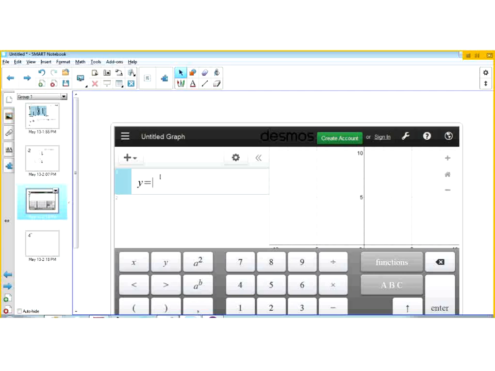So we have y is equal to, in this case I'll change t to x. So we'll have t squared plus 9 to the 1/2 minus 3 and put this in parentheses.